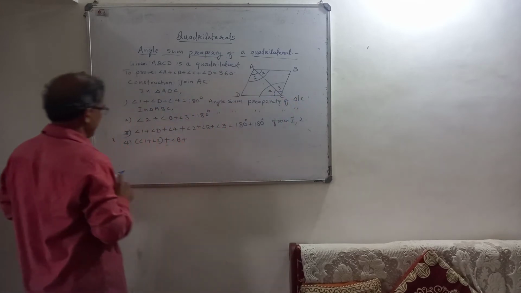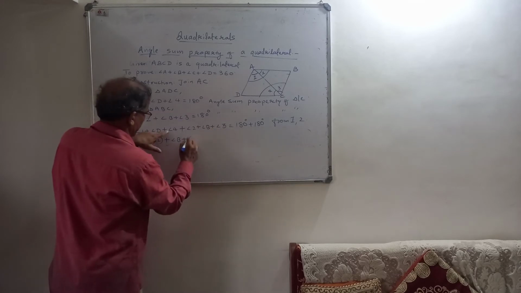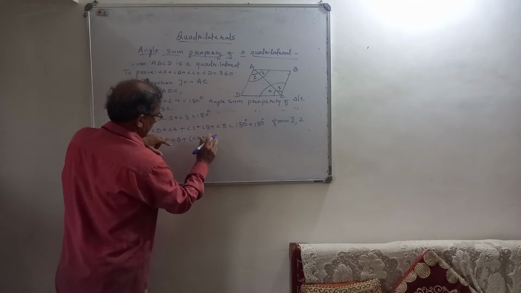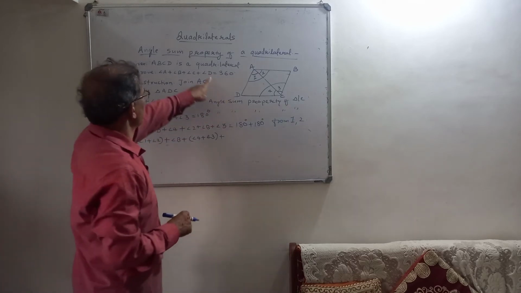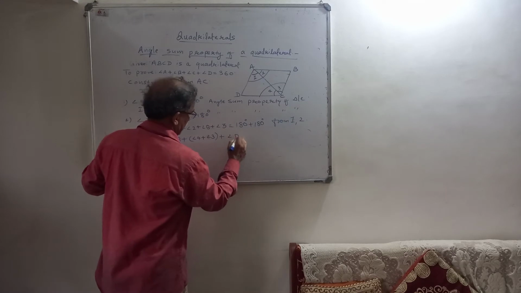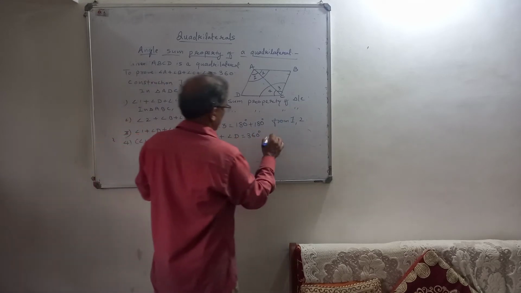Here we have angle 4, here angle 3. So let us take them together: plus angle 4 plus angle 3, plus angle D, is equal to 360 degrees.